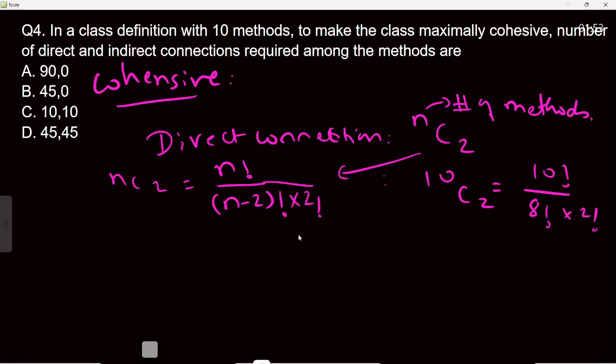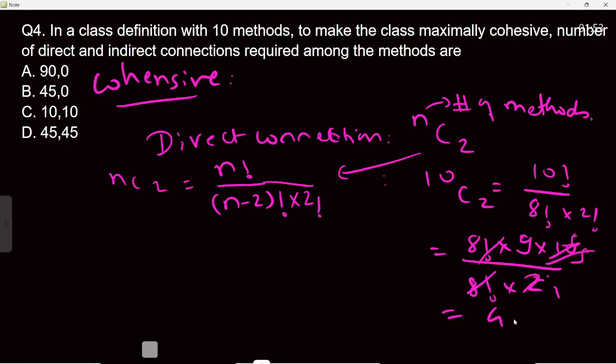So 10 factorial, I can write this as 8 factorial into 9 into 10 upon 8 factorial into 2. Factorial of 2 is 2. This 8 factorial gets cancelled. 2 ones are 2, 2 fives are 10, 9 fives are 45. So 45 is our answer.